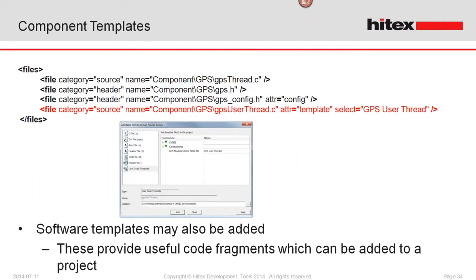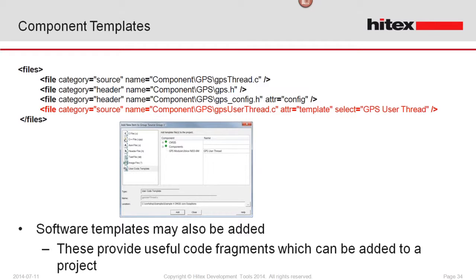Another useful feature that I think people using this system may tend to overlook is that we can add template code as well. So these are useful fragments of code which can be added to our project to speed up development by a user.